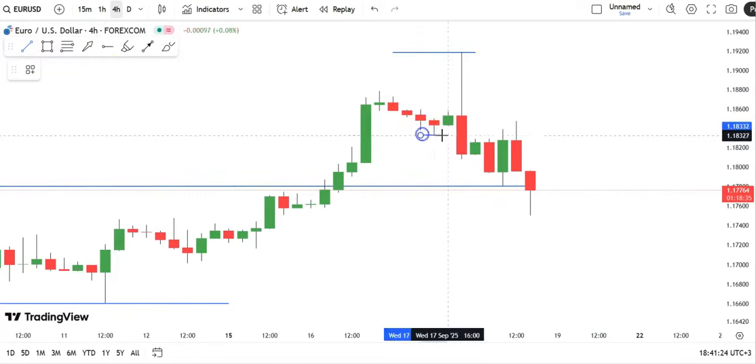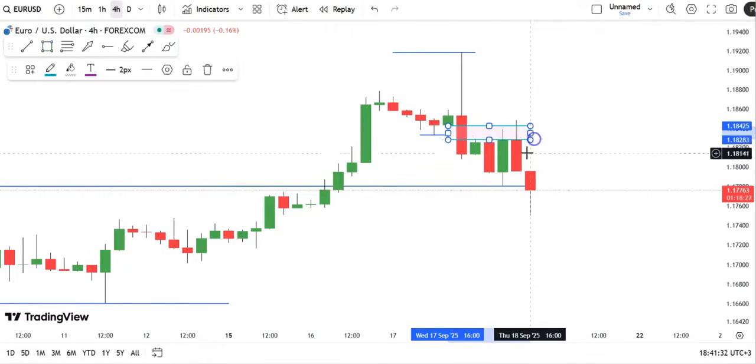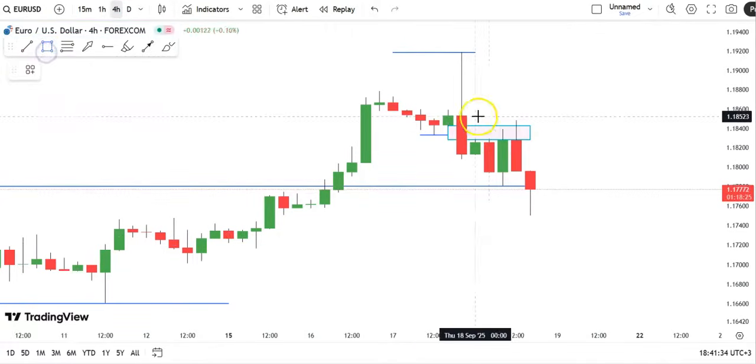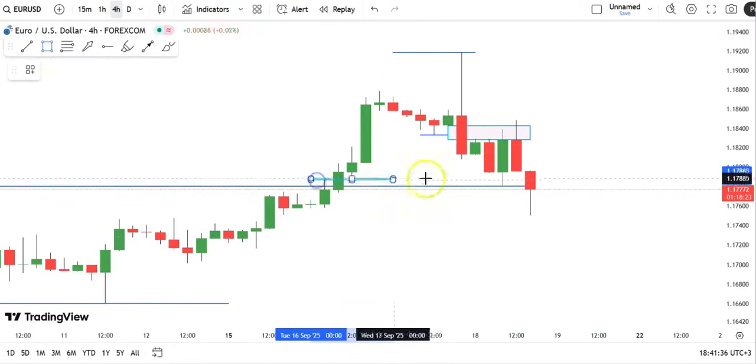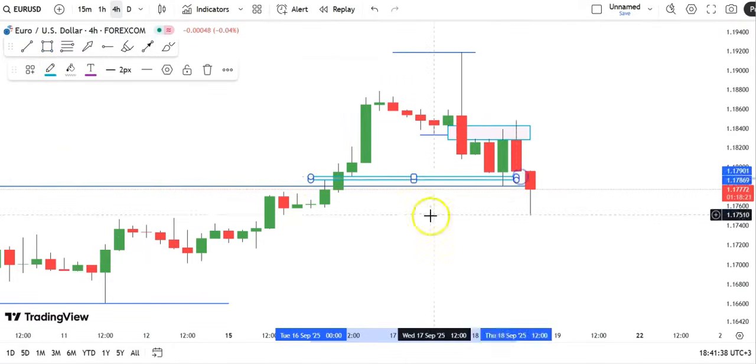Now on the 4-hourly we also had this swing low, and this breakout to the downside with bearish imbalance, and as the market was retracing we also had this bullish imbalance here.